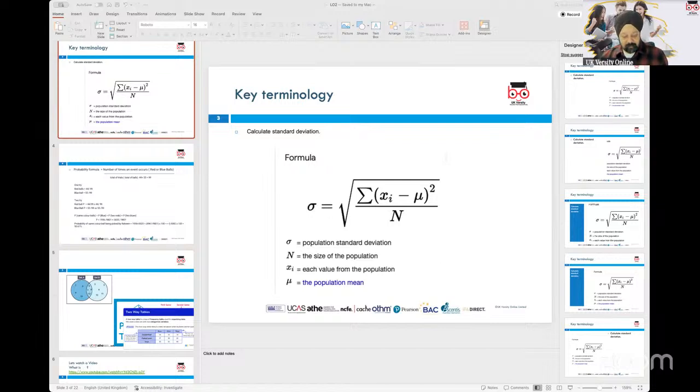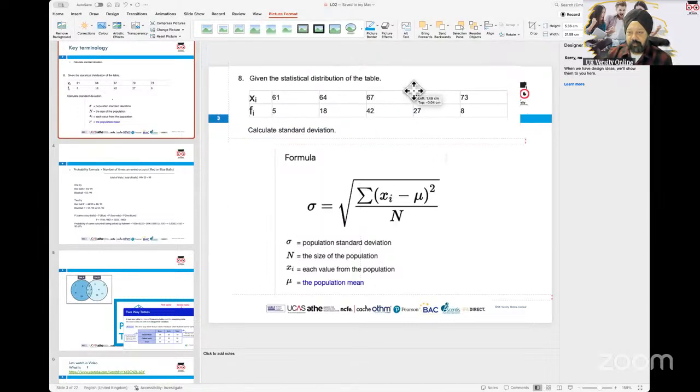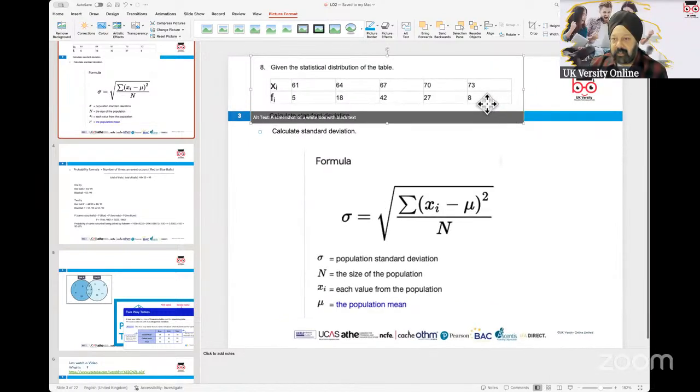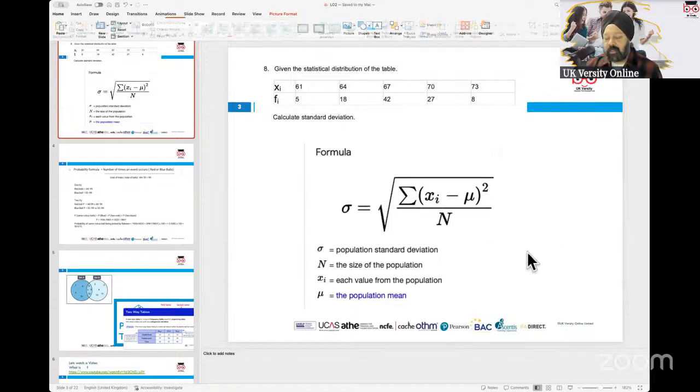So let me bring that as a screenshot onto the slide as well. Give me 1 second. So this is the data which is given to you. On this data, we need to interpret where we would use this particular formula to calculate standard deviation.